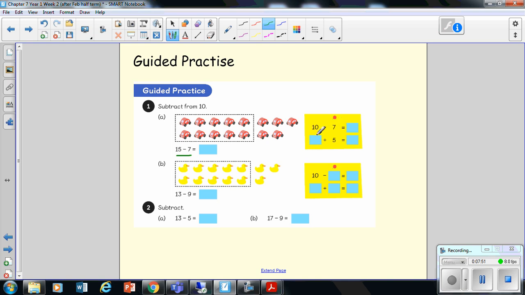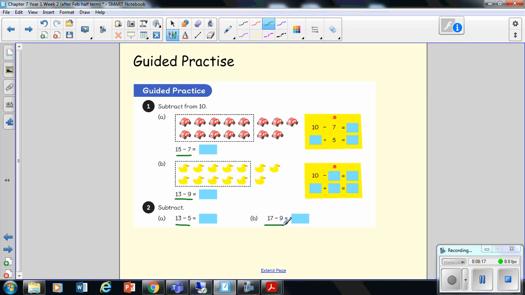You're splitting your bigger number into 10 and the ones, and then the next question you're going to do is 13 take away 9, and these 2 questions are a bit more scaffolded for you in representing the pictures. But the second part of our guided practice has just got number sentences: 13 take away 5 and 17 take away 9.